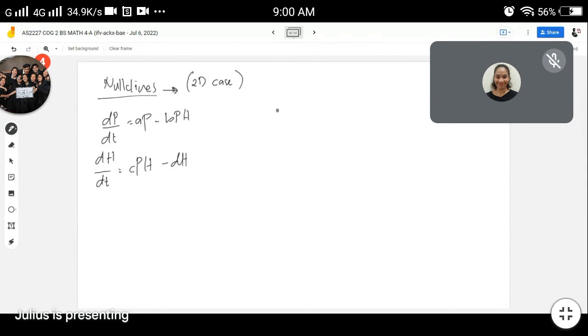Okay. Null client would look like this. Isa ka P, then isa ka H, or pwede sa interchangeable na siya. Okay? Ang null client, for example, in the 2D case, nam kay duha ka equations. Na, ang null client is the graph of dP/dt equals 0.